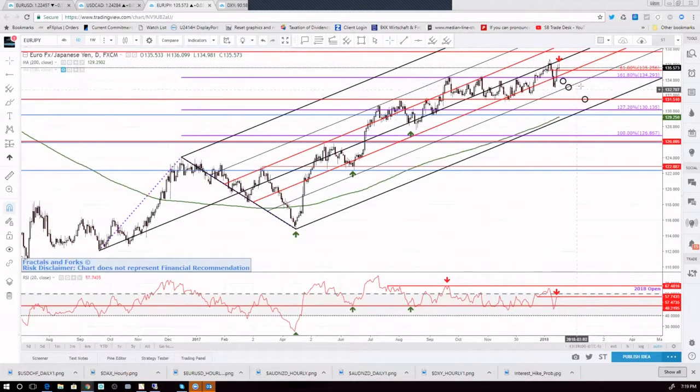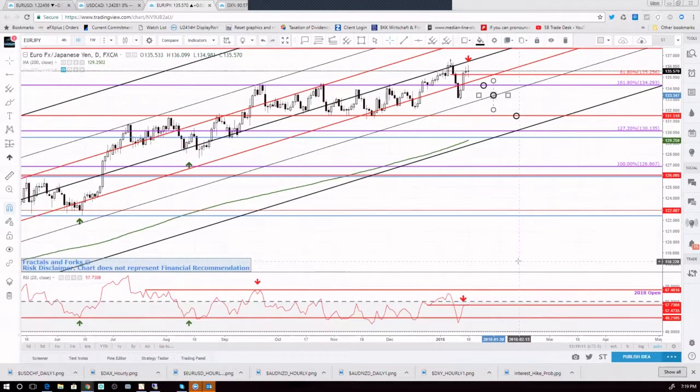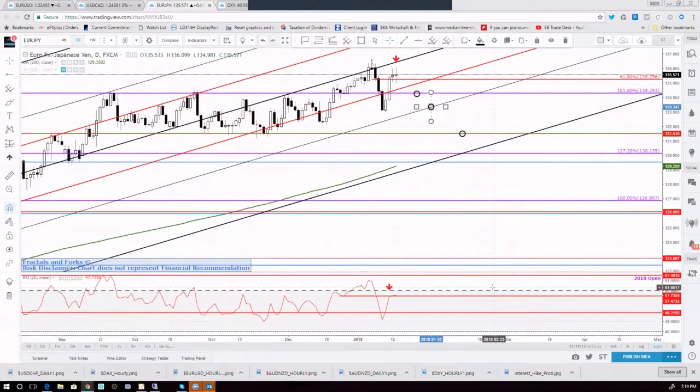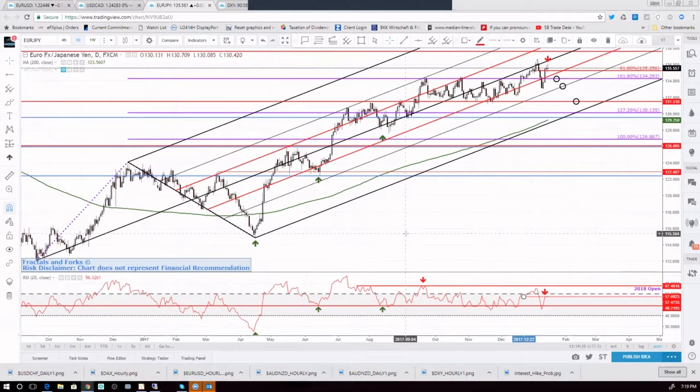So at some point I do think we're going to pull back, but it doesn't look like it yet. One thing, though, is that this horizontal trend line, if I don't make it as thick as this, we're actually breaking it. So I'd be careful with Euro Yen.